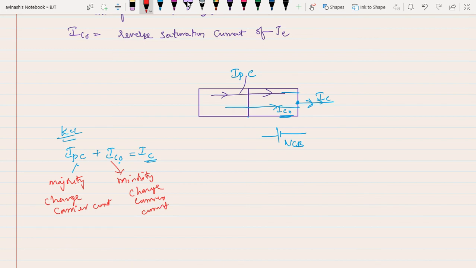What do you mean by this? Therefore, BJT is bipolar because of this majority and minority, both.